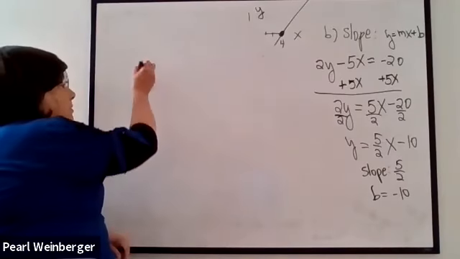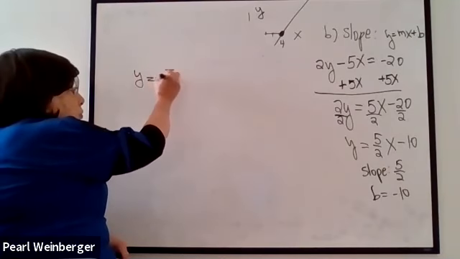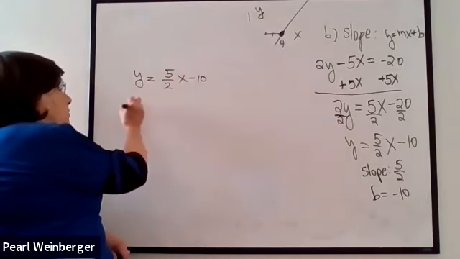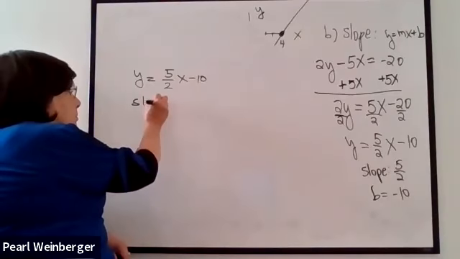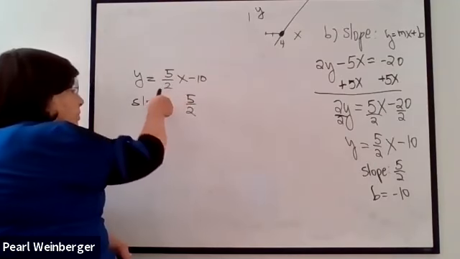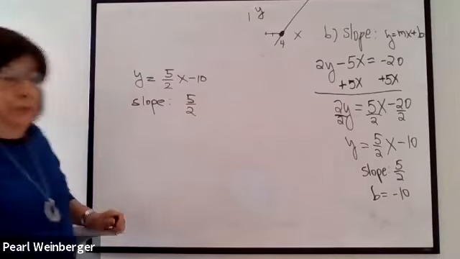I'm going back to this equation, y equals 5 over 2x minus 10. Well, we said the slope of the line was 5 over 2, because that's the number in front of the x. As long as it's y alone, that's what we get.